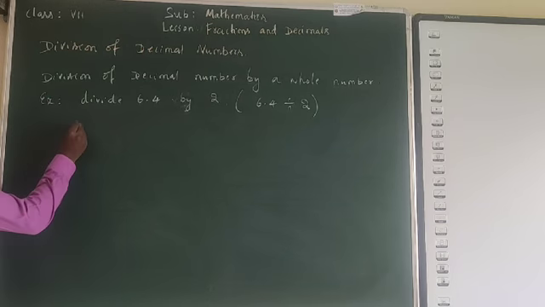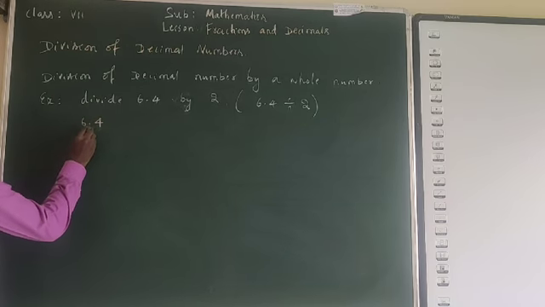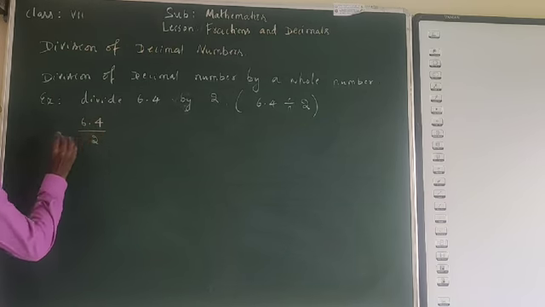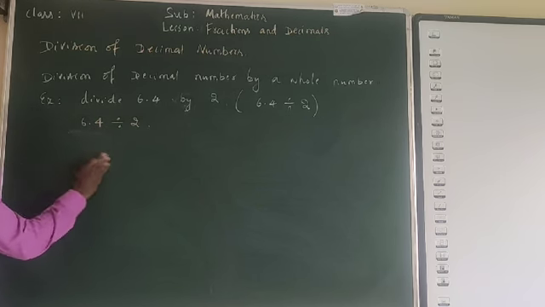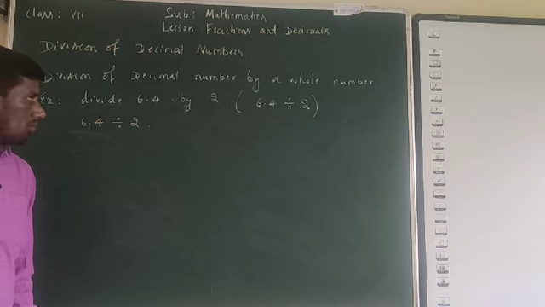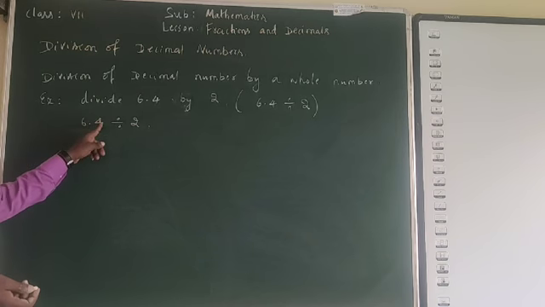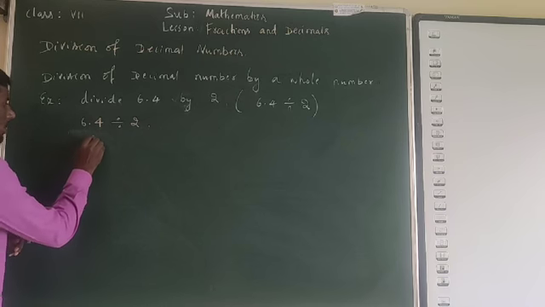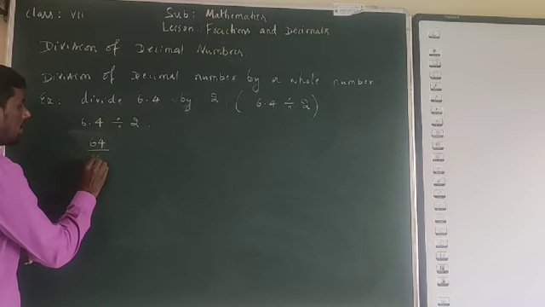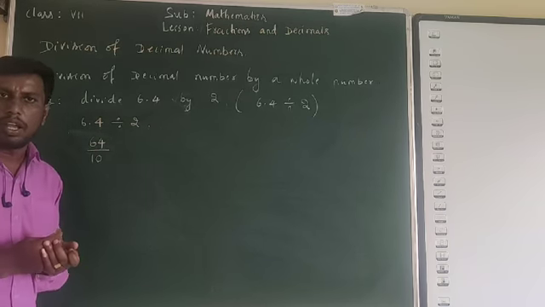You will see that 6.4 divided by 2. Now, how to write 6.4 in terms of a fraction? In terms of a fraction, it is nothing but 64 by 10.